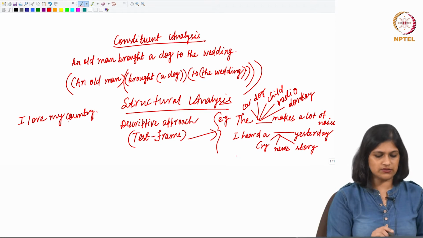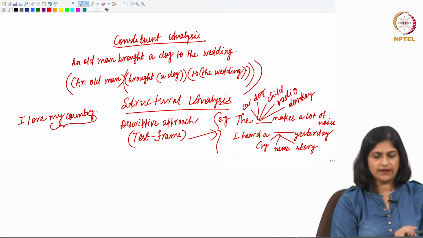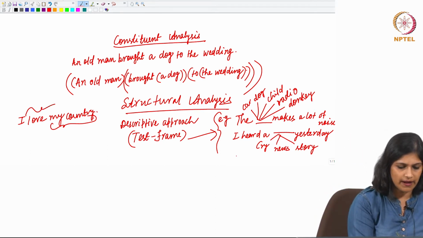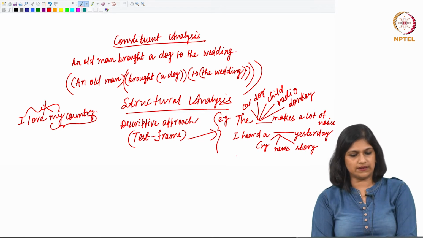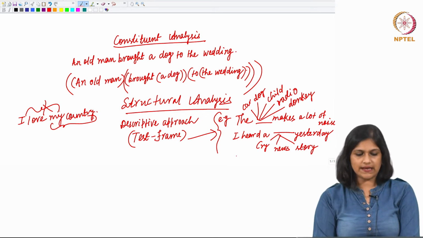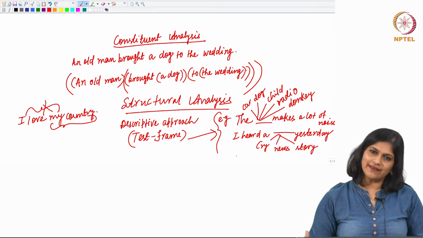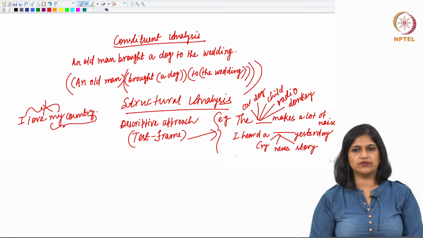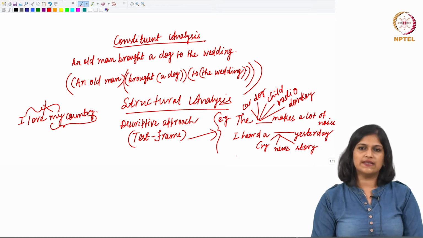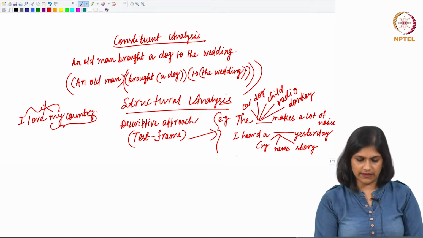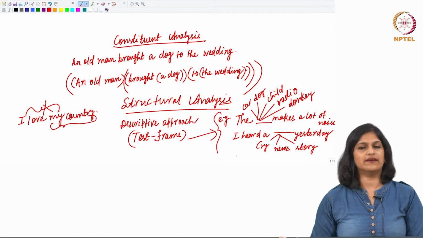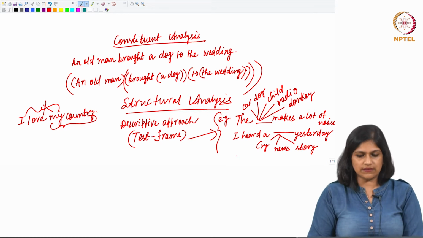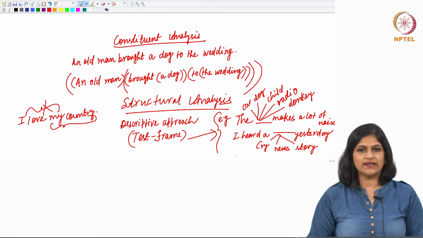In such a simple construction, my and country can be considered a unit, but love and my cannot be considered a unit, right. But love my country together can be considered a unit. So our focus here should be to identify the units that we can find in any given construction. When the sentence is a little longer, it is a little tricky to find the constituents, but just remember what a constituent is.